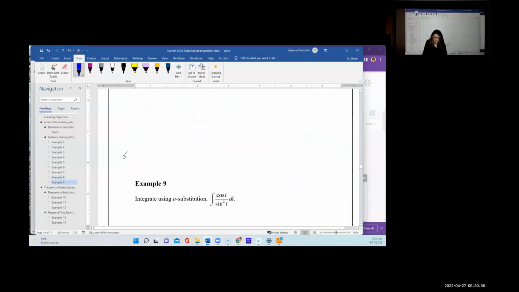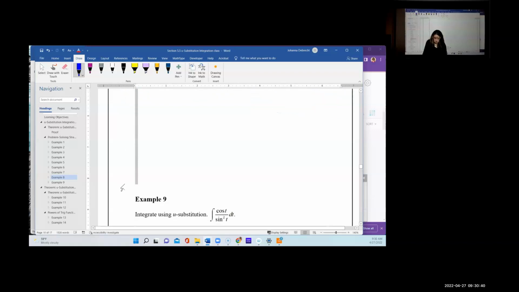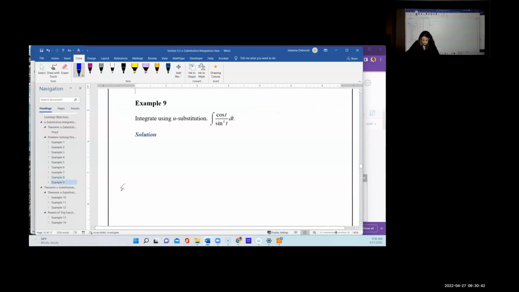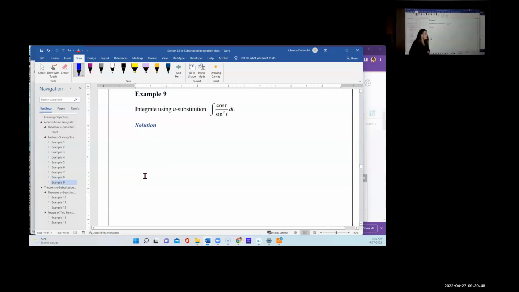Let's look at one more example. We have the integral of cosine of t over sine squared of t. Now, we're looking, if we can, for a function within a function.